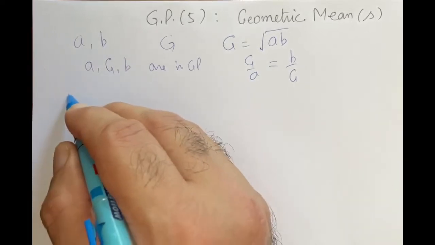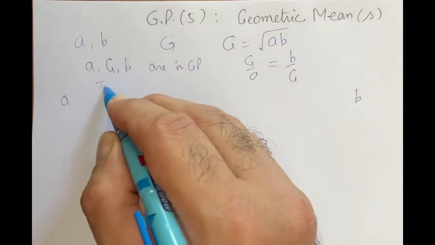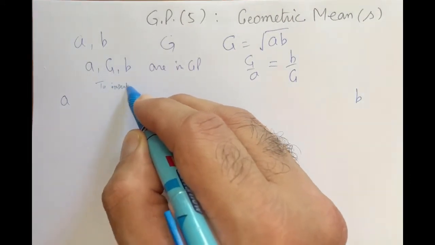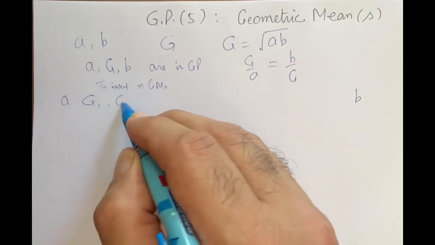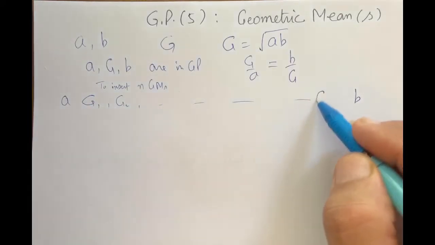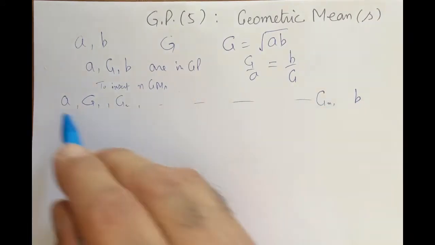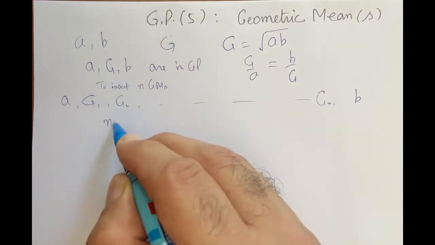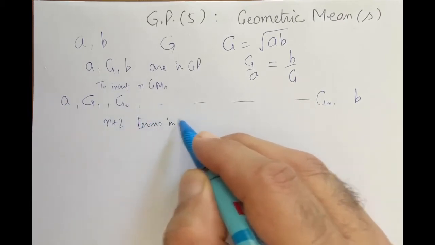Now the next one is we have numbers a and b and we have to insert n geometric means. Let us say the n geometric means are g1, g2 and so on up to gn. We will now have n plus 2 terms in GP.